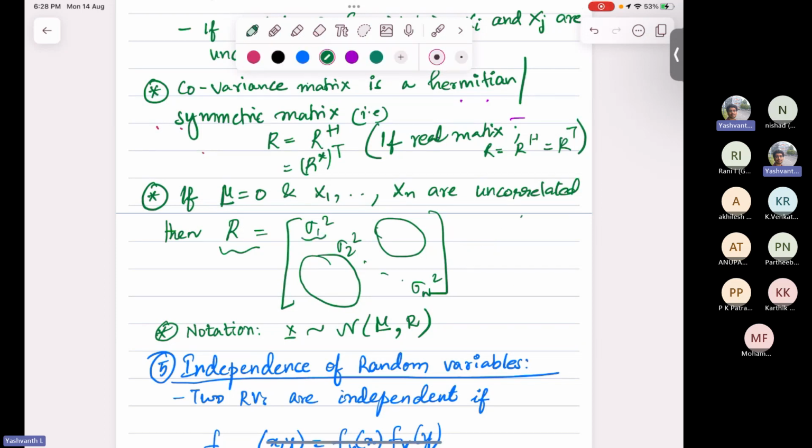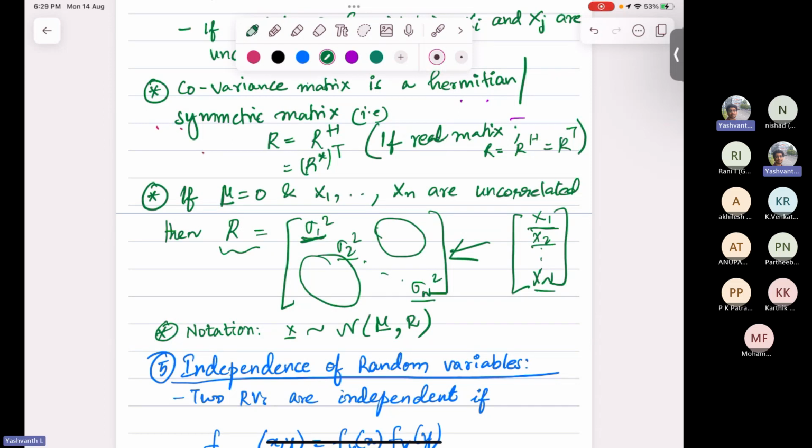That is, if the random vector is x1, x2, and so on till xn, and all are uncorrelated with each other and individually zero mean, then if I write down the covariance matrix, I will get something like this, where sigma 1 square is the variance of x1, sigma 2 square is the variance of x2, and so on till sigma n square is the variance of xn. So this is a property.